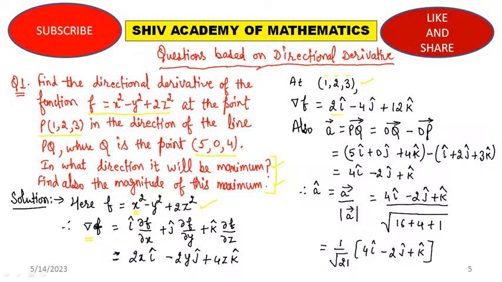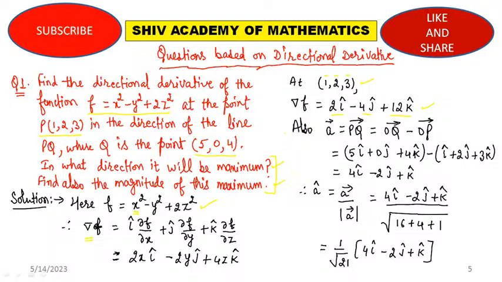So it is 2 i cap, the value of y is 2 so it is 4 j cap, and the value of z is 3 so it is 12 k cap. So finally we get del f. When we have to find the directional derivative, first of all we compute the gradient of the function, and whatever point is given, we put the point values to get the gradient there.